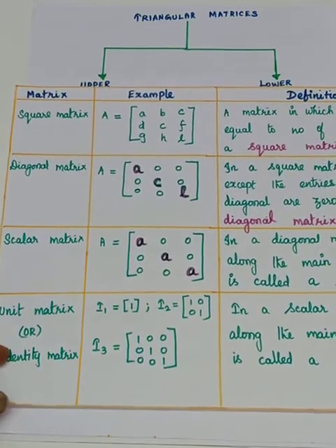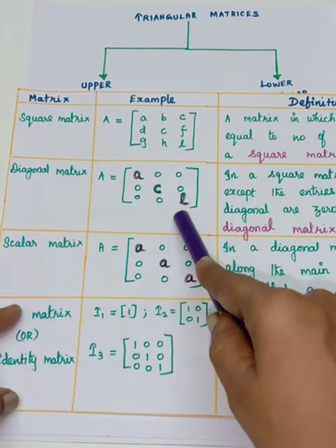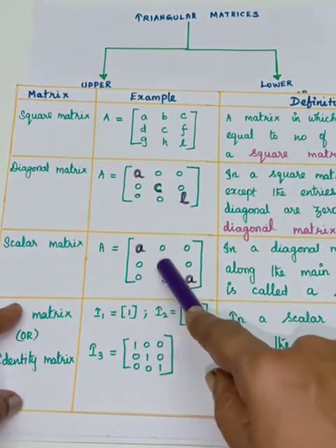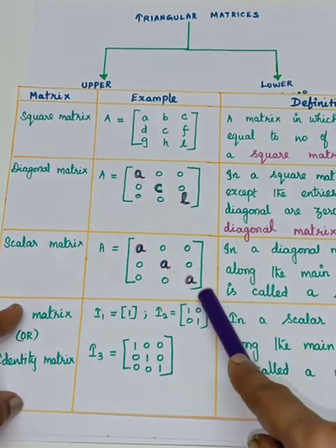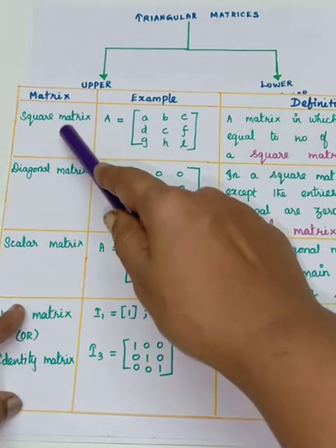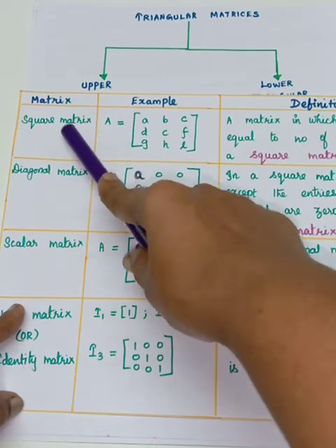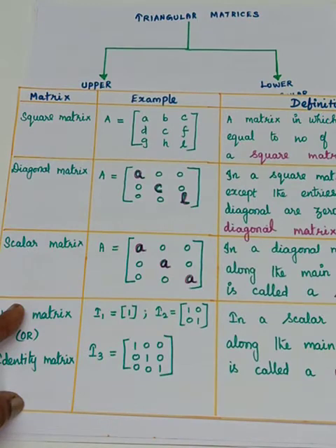You see that here how I have written, in the diagonal matrix the main diagonal elements are same. That matrix is called a scalar matrix. So already the first one we have started, square matrix. Square matrix means number of rows and number of columns are equal.